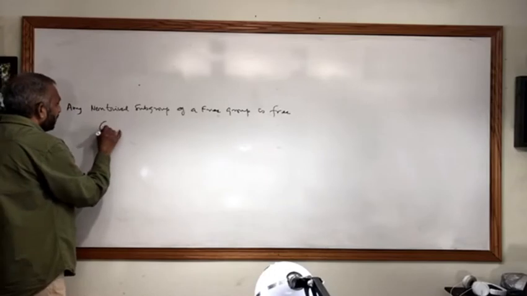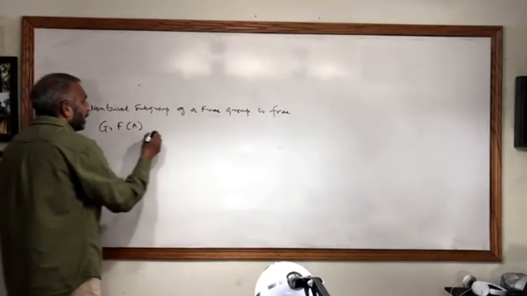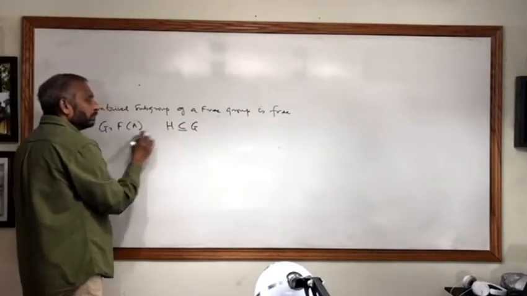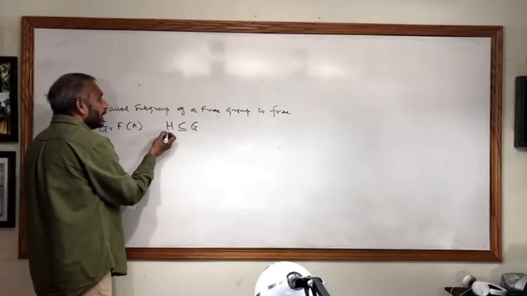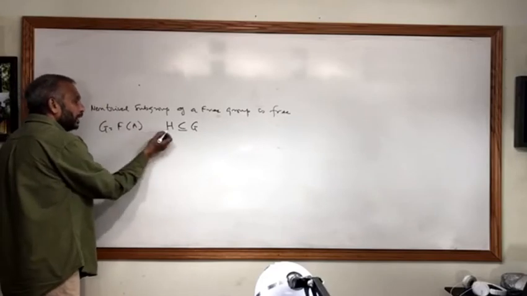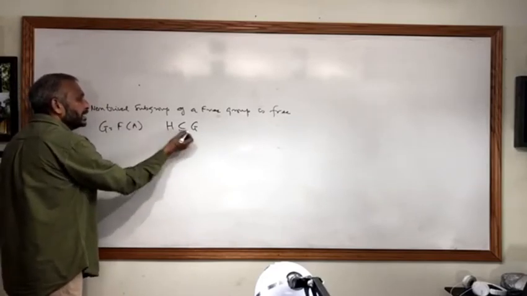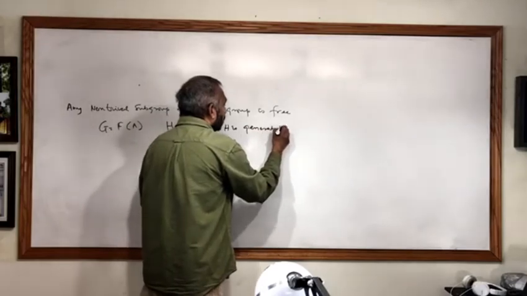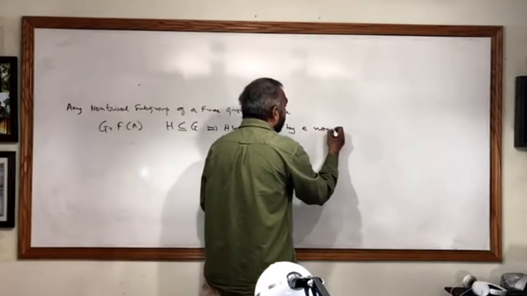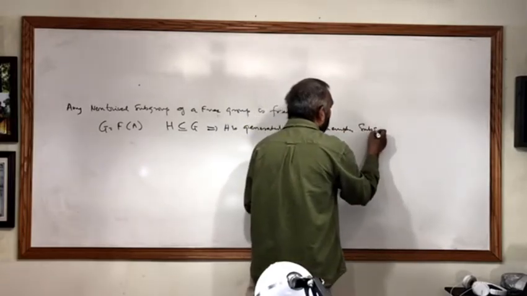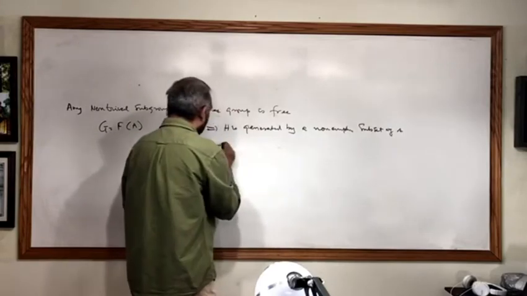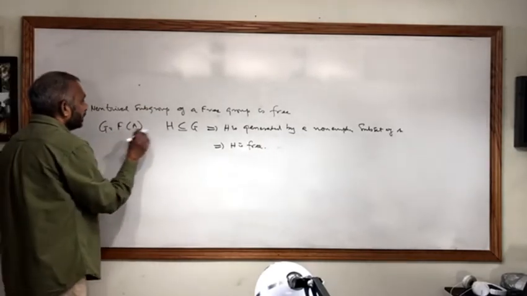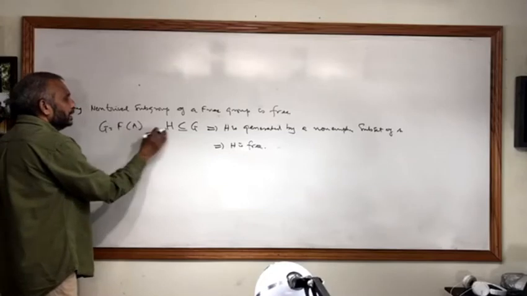And that is because if G is equal to F of A and H is a subgroup of G, then H is generated from a subset of A. If you take the same set A, then H and G will be equal.